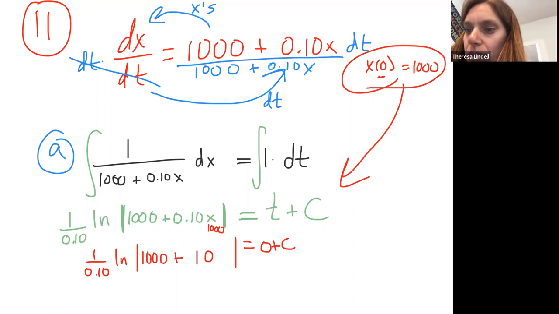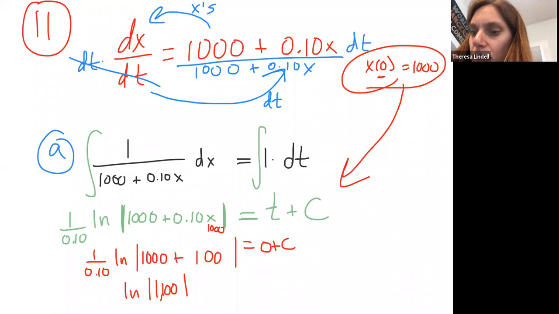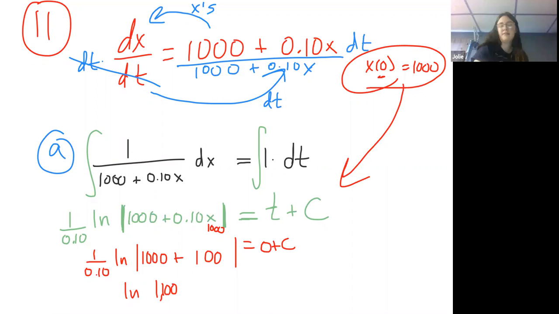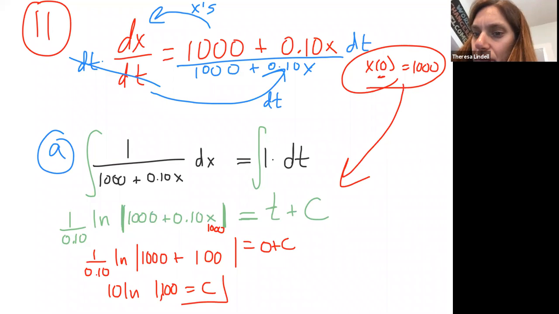My bad. There we go. So then, ln of 1,100, which we don't need the absolute values anymore because that's a positive number. And then, wait, what's 1 divided by 0.1? Isn't that 10? Yeah, it is. So that's your C.